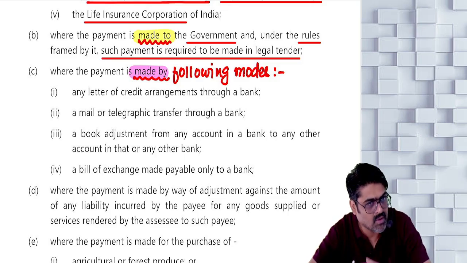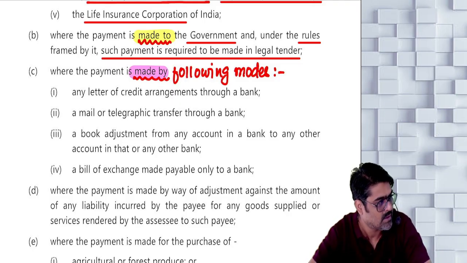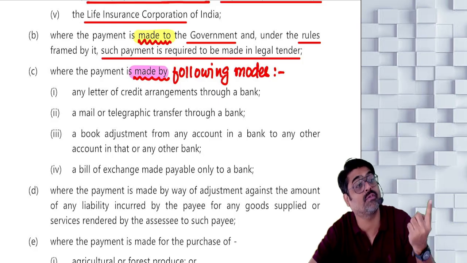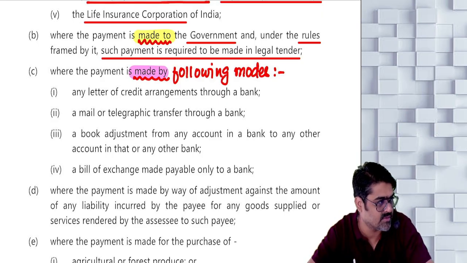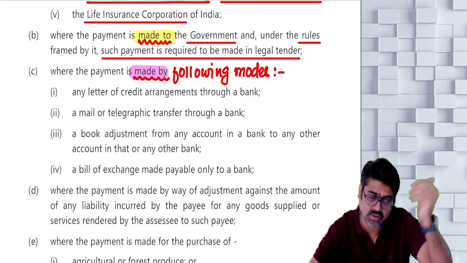Understanding? Now, sometimes you import goods or services from outside India. So whenever you import something from outside India, from a person who is outside India, you are going to make the payment. So for your business expense, you have to make the payment outside India.